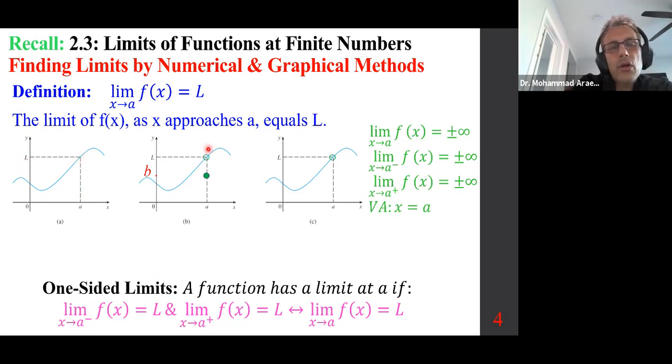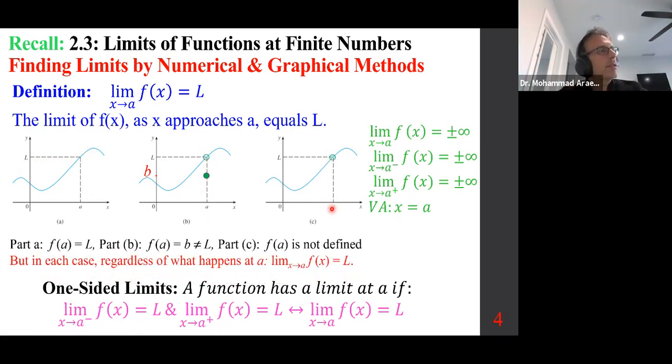And since we have a solid point, f of a is the y coordinate of this green point, which is B. And in this one, it's not given, it's undefined. Yet, in all cases, the limit exists and the limit is L. And that's very interesting. That has to do with understanding the concept of a graph. And I can't emphasize this enough, class.